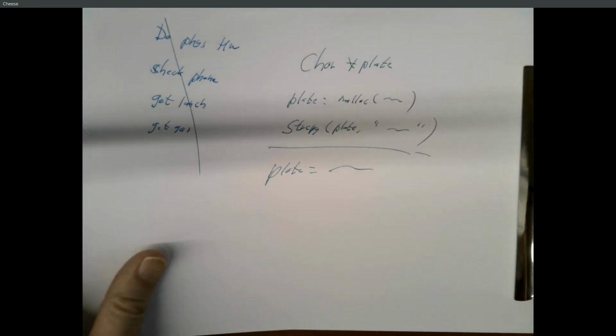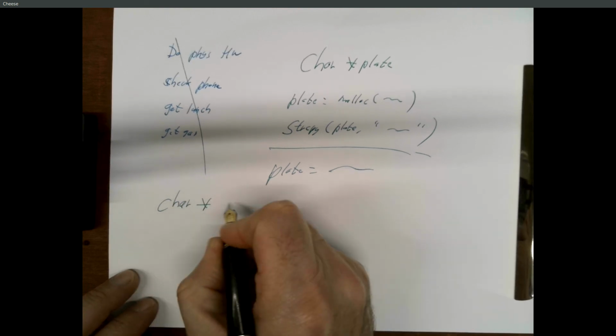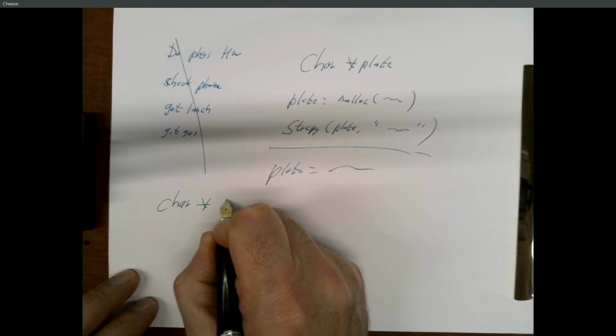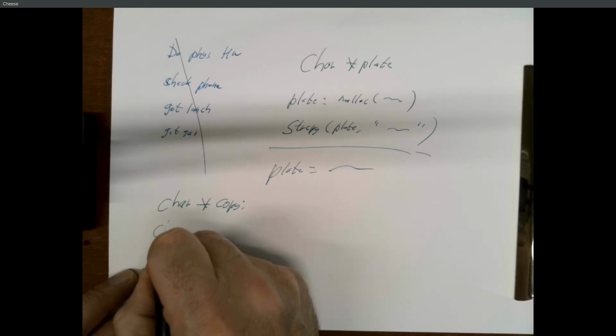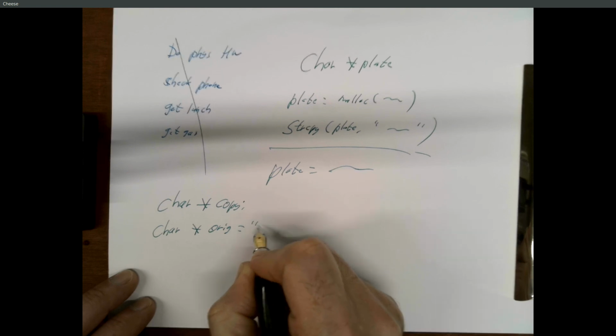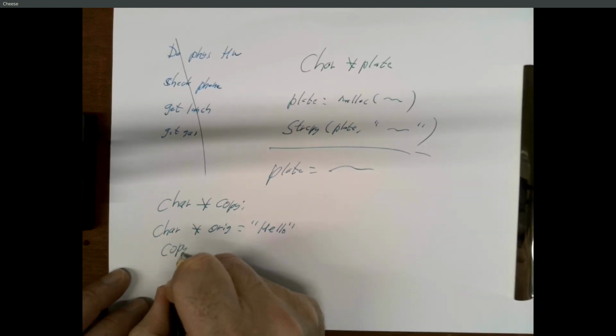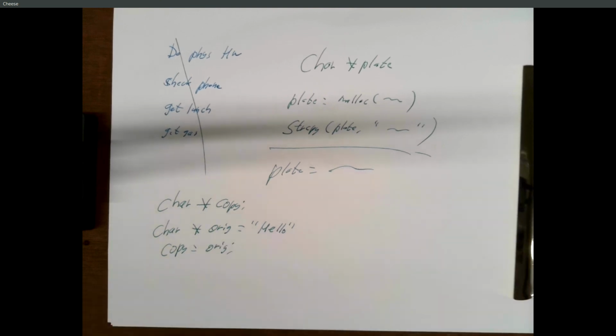Strings in C, remember: I've got a char star copy, and a char star original, which I'm setting equal to hello. I set copy equal to original. If I print copy, it will print hello.